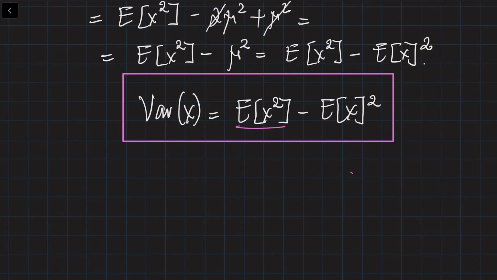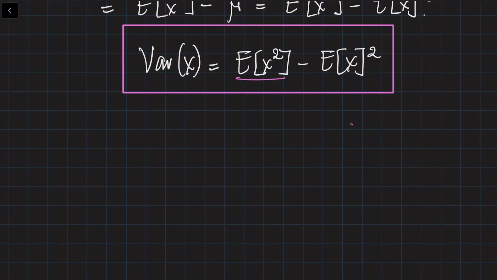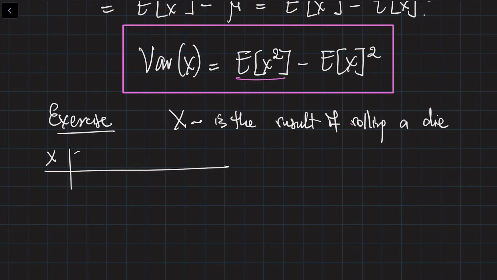So I'm going to use this formula in order to find the variance when we roll a die. If you remember the exercise, let's say x is the result of rolling a die, and its distribution function is given in the following table.